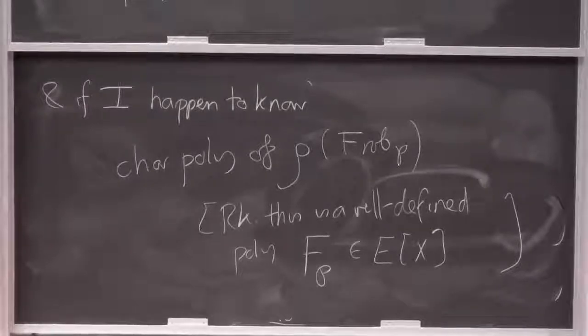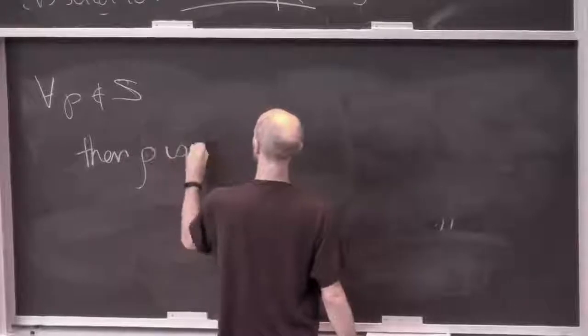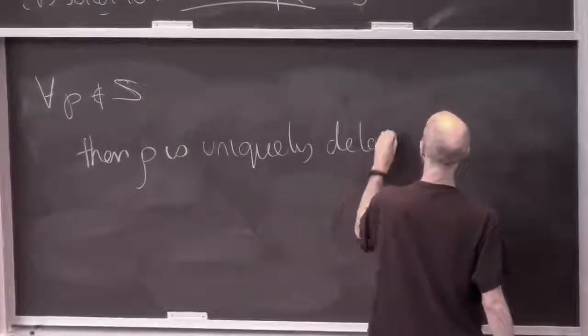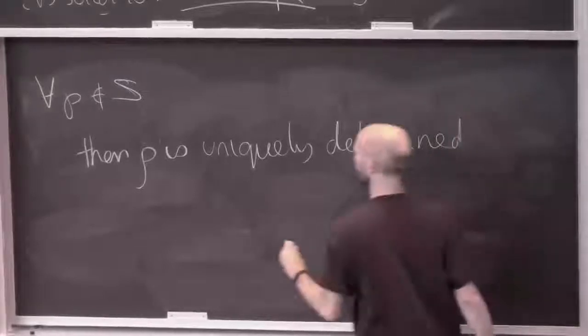They'll be well-defined polynomials. So if I happen to know the char poly of rho of Frob P for all primes P not in S, then I know rho. Then rho is uniquely determined by this data.